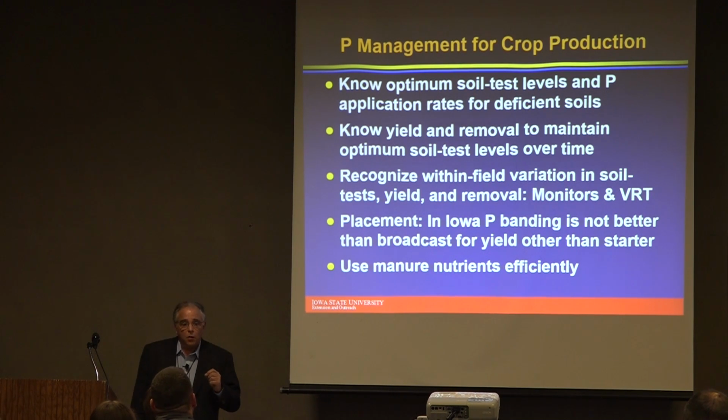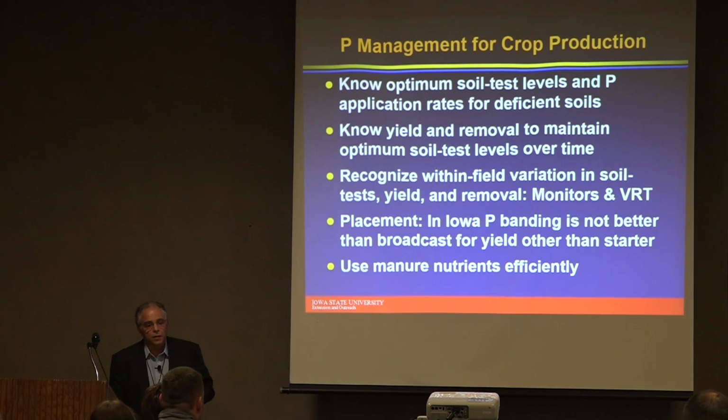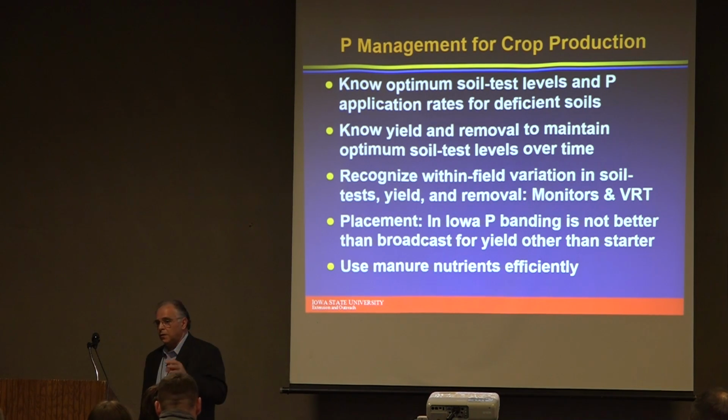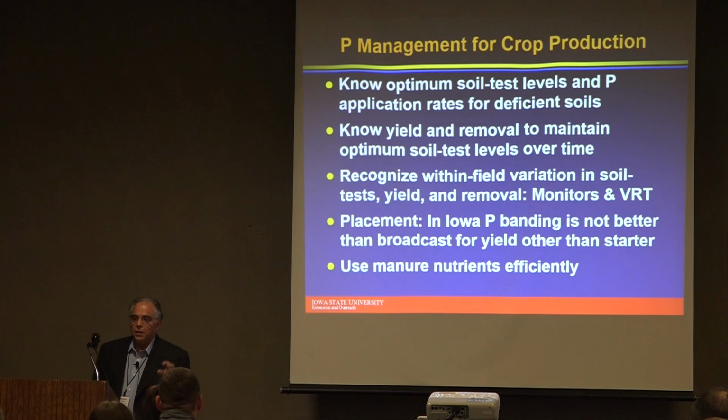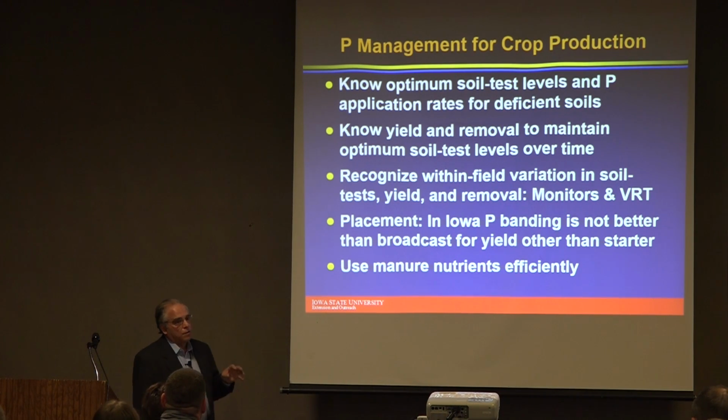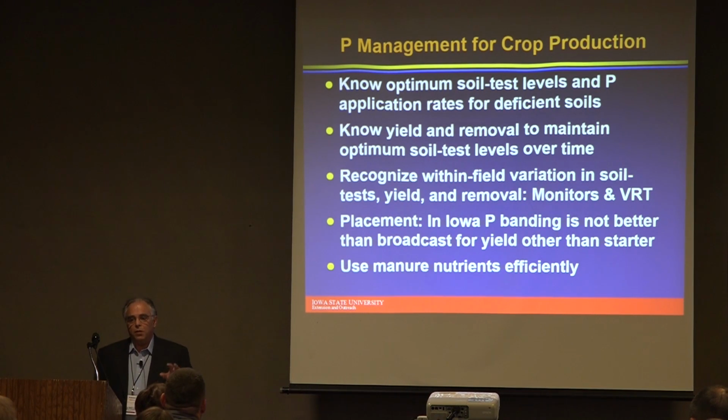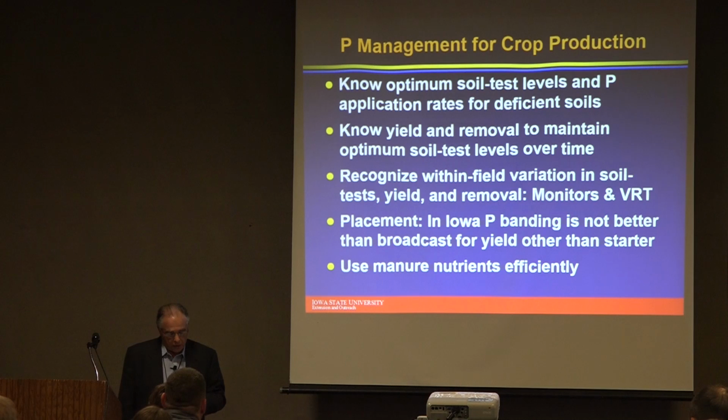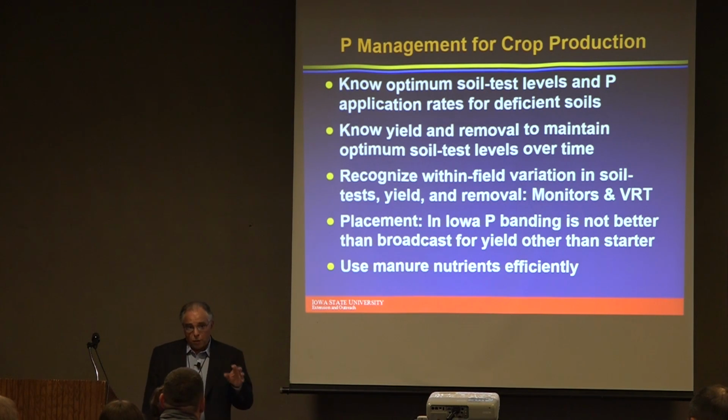And I am like the lone ranger among my colleagues in the North Central region in insisting on this. These new technologies are not perfect. Some of them we are still learning how to use. But really, we need to recognize the very large spatial variability within most fields, and try to do something about it to improve profitability and water quality.